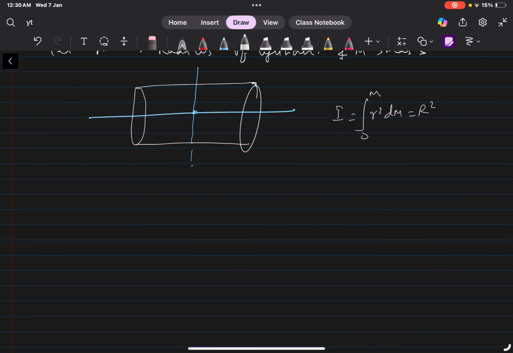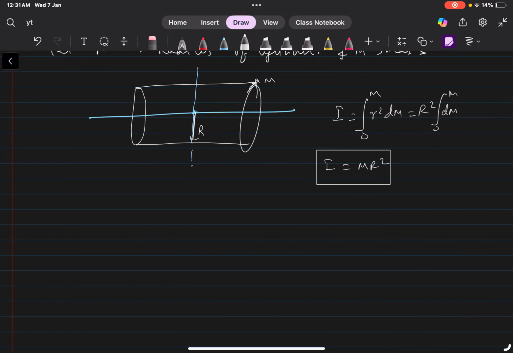Since r is constant, r square comes out and the integral of dm from 0 to m gives m. So I is equal to mr square. This is the result for the hollow cylinder.